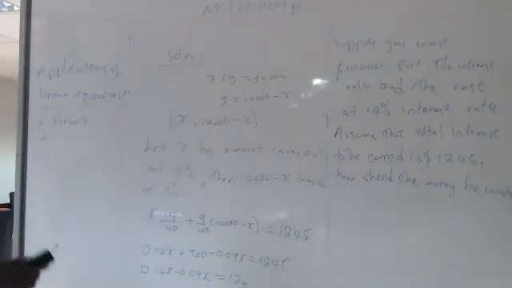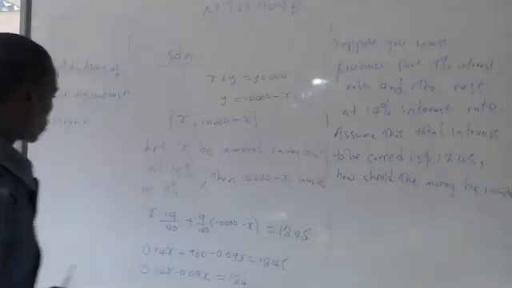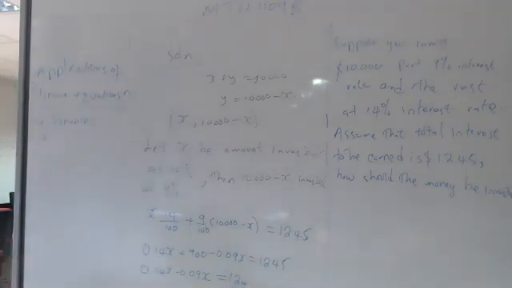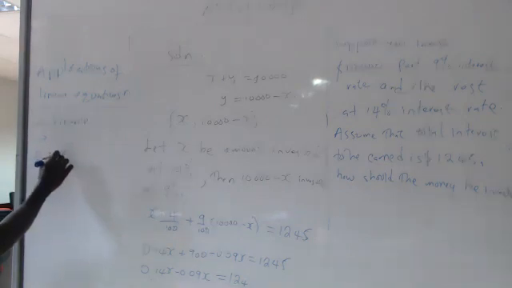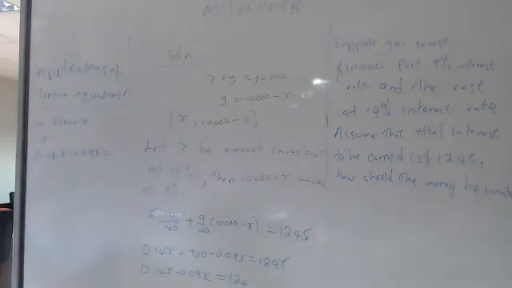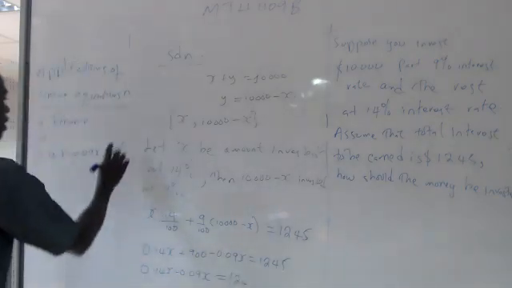Let me write this side. So we have 0.14x minus 0.09x is 1245 minus 900.